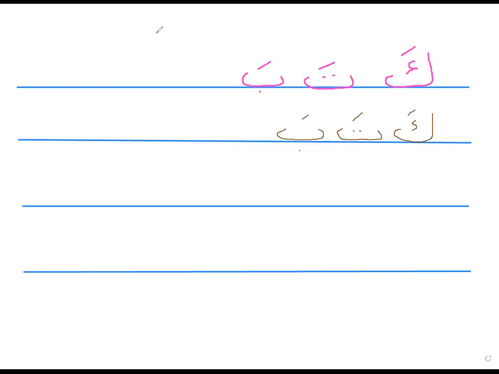So now we're going to try and practice writing the seen, which with the fatha will be sa. Fatha, I'm referring to this vowel on top. So seen, to write it, you write it in a few steps. Please accept that you're taking a few steps to write each letter. Some flow on from right to left, and some need a few steps.